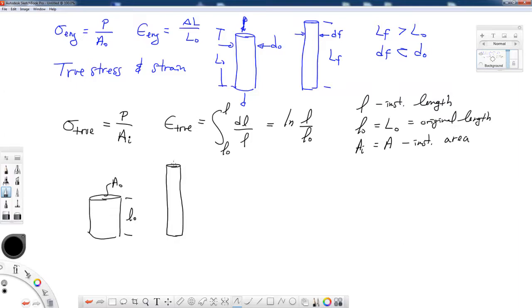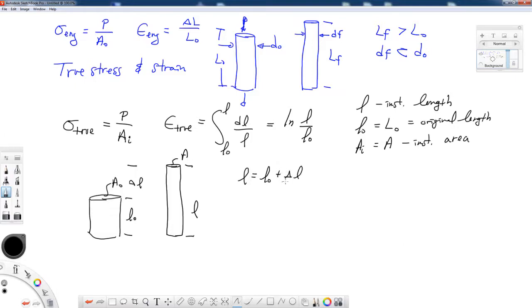Again, very exaggerated. It has some instantaneous area and some instantaneous length. And we can define this difference in length as delta L, so that the final length is equal to the initial length plus the change in length.